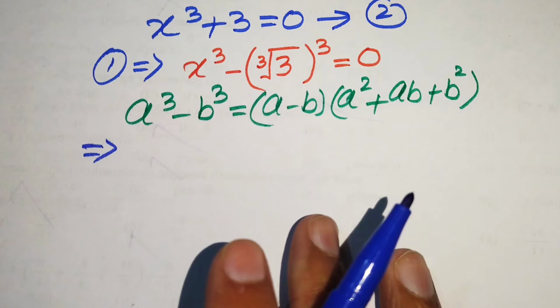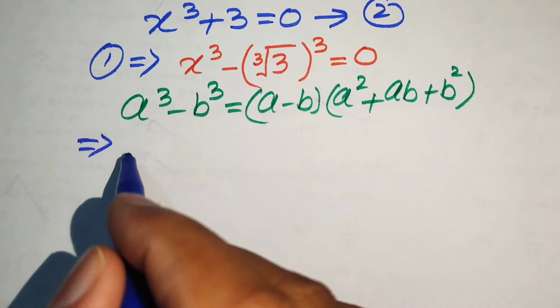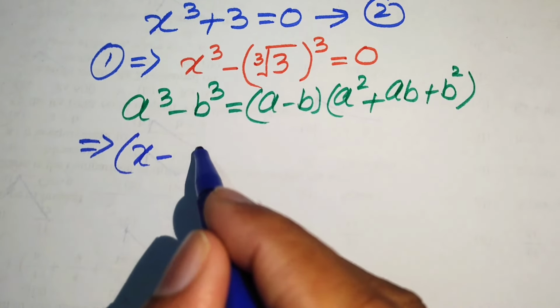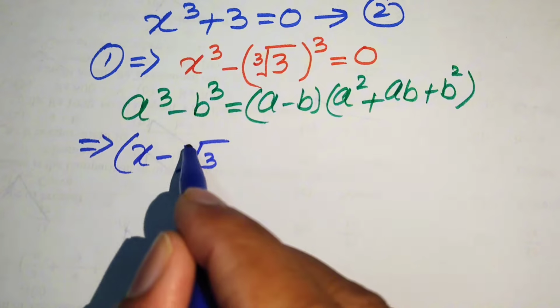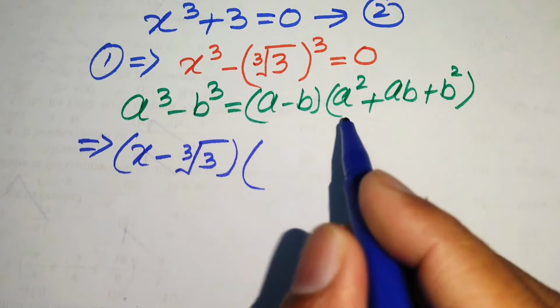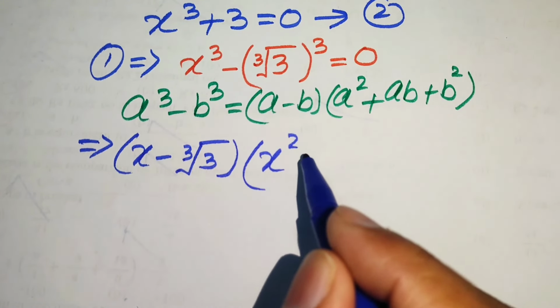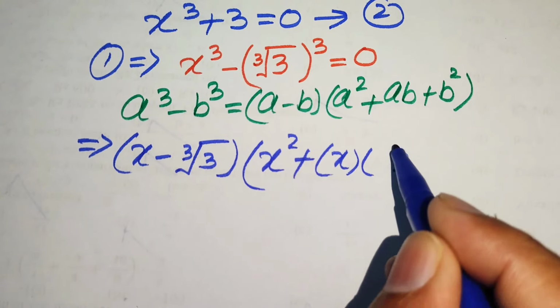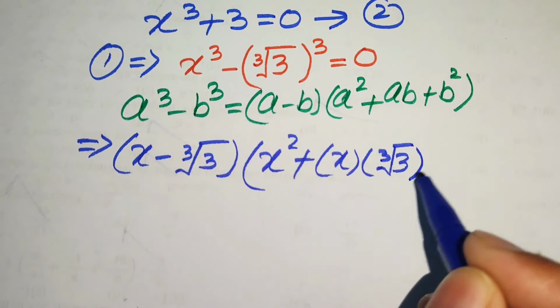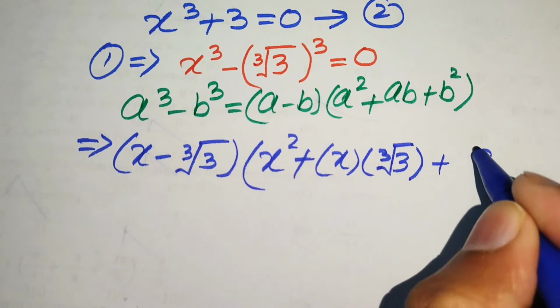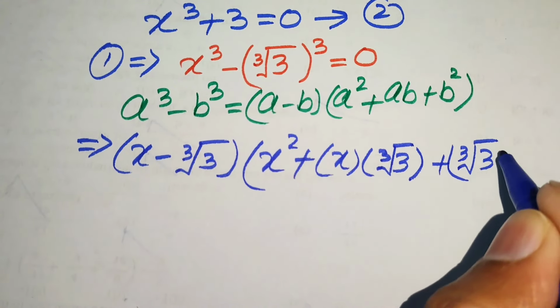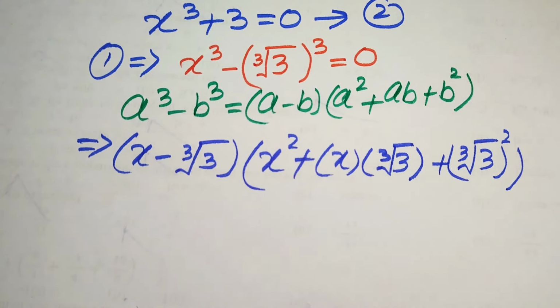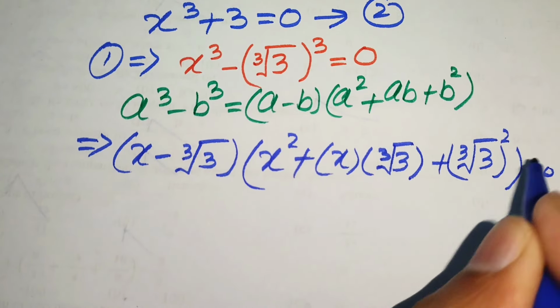We write this expression as x minus cube root of 3 into x square plus ab, where a is x and b is cube root of 3, and plus b square, where b is cube root of 3 and its whole square. So this equals 0.